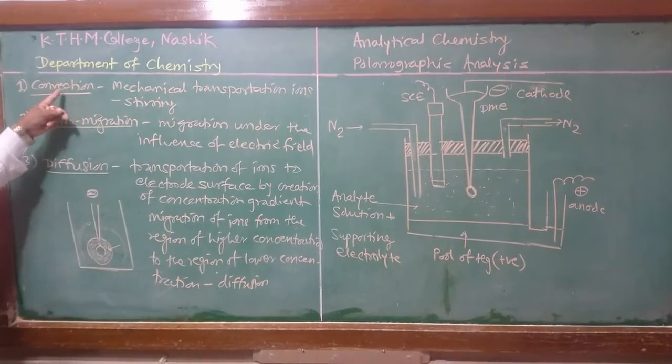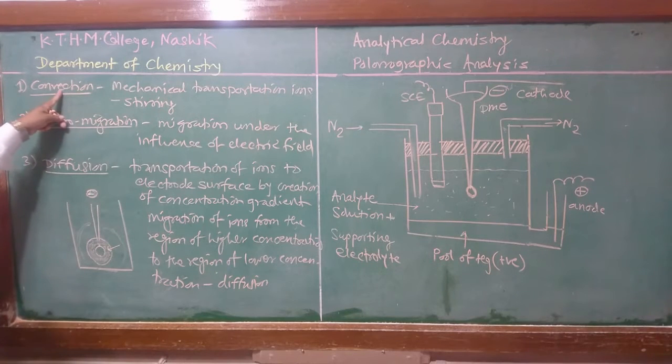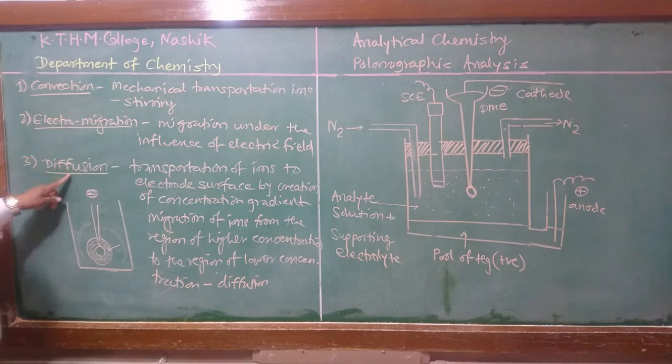In electrochemistry, ions are transported to the electrode surface by convection, by electromigration, and by diffusion.